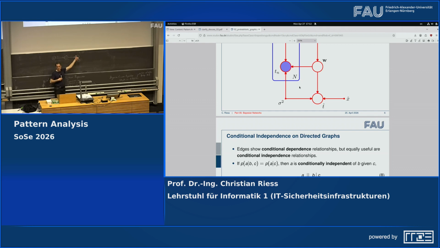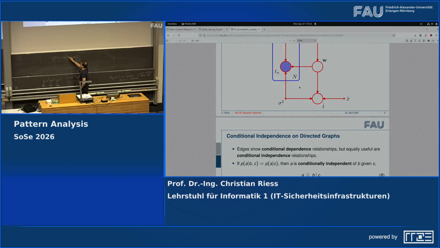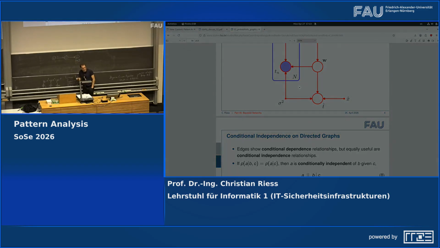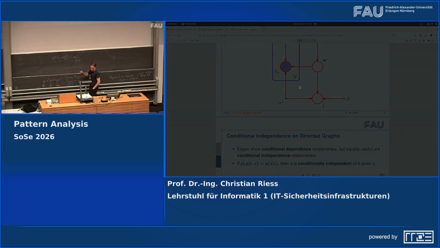So let's calculate the possible reasons that might account for the fact that B has the value 3. This is what we call inference, turning around the arrows in this reasoning. It means: what could be the underlying reason for seeing a 3 here?